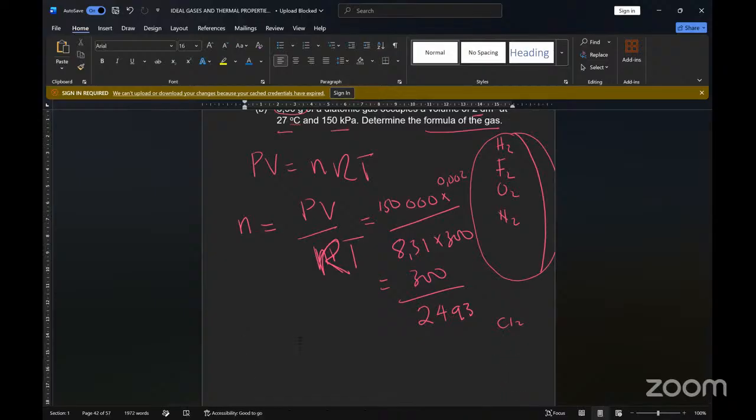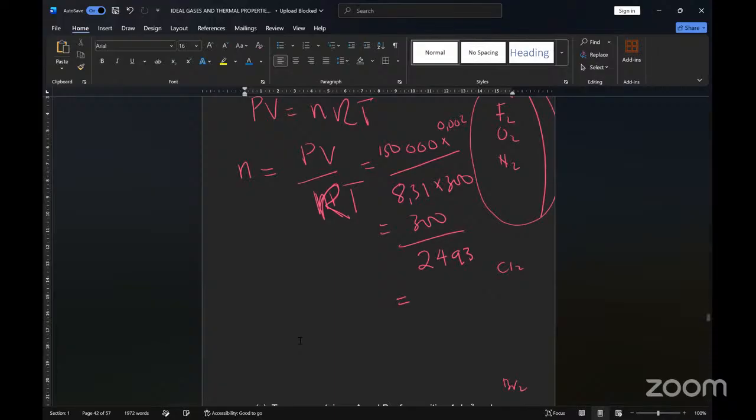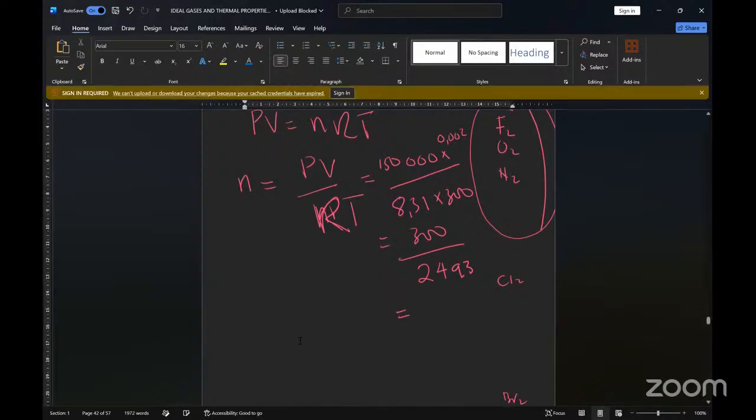Let's see. So this one is going to be 300 divided by 2493. Okay, 2493. And that gives you 0.120 moles.